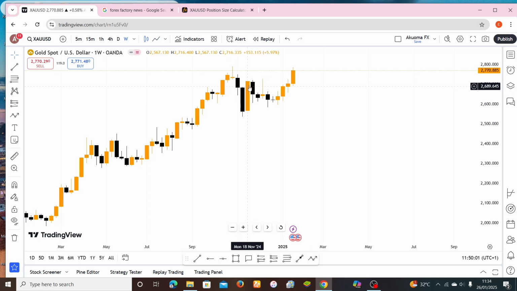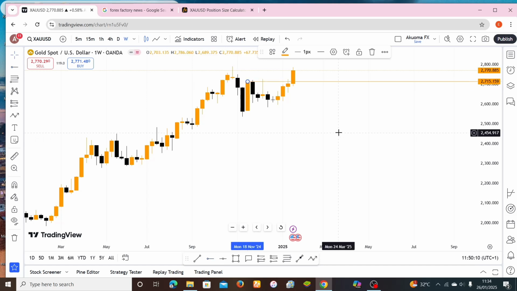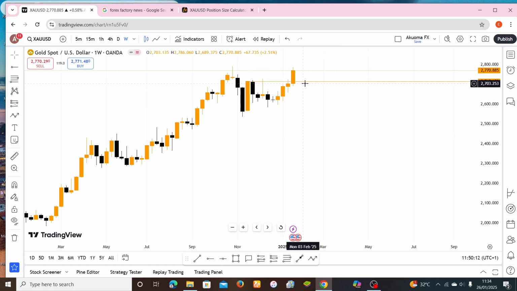The market is still in an uptrend, so I love to use this horizontal ray to map out my zone. This is my weekly time frame zone. You can see the market broke out from this zone. So if this market is going to drop, we're expecting a reaction at this zone.